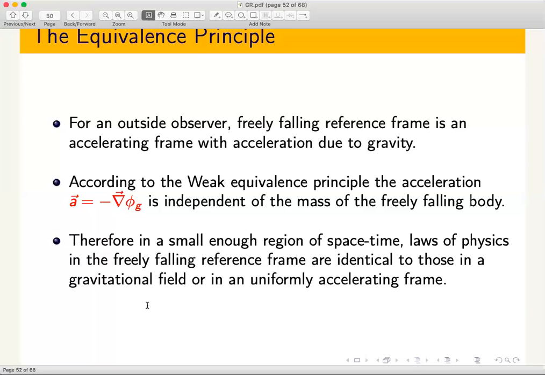Now of course technology has reached a level where even within 10 feet you should be able to distinguish these effects, but let's assume that we are not doing that accurate an experiment.